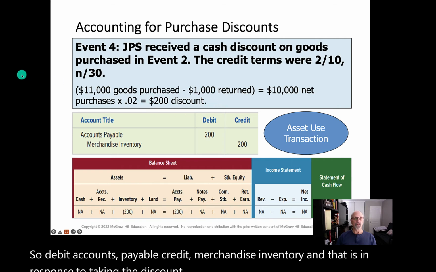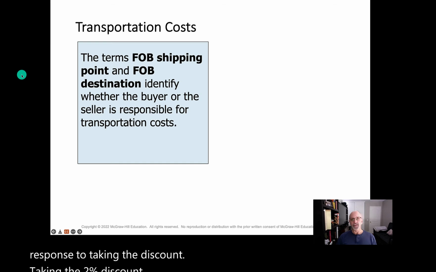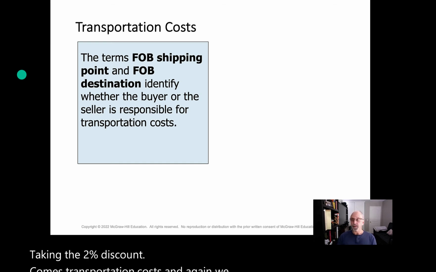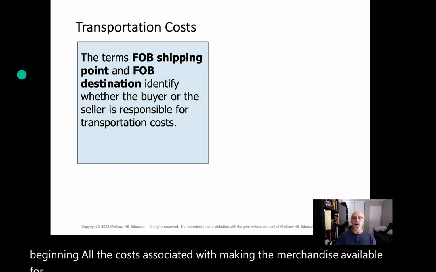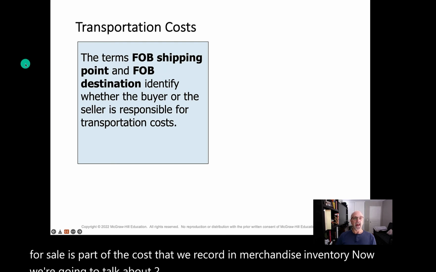Next comes transportation costs. And again, we talked about in the very beginning all the costs associated with making the merchandise available for sale is part of the cost that we record in merchandise inventory. Now, we're going to talk about two terms here, FOB shipping point, and FOB destination.